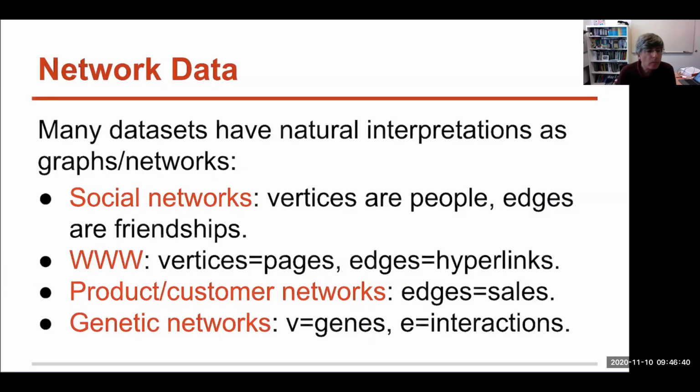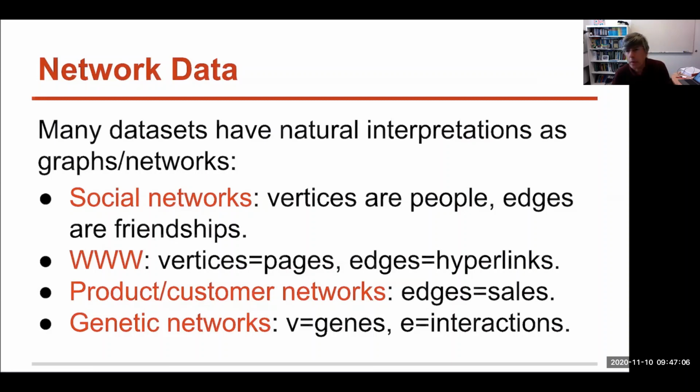Okay. What I wanted to do today is to talk about network data again. In the previous class, we talked about nearest neighbor methods, where we were assuming that the rows of our matrix were basically a point set.